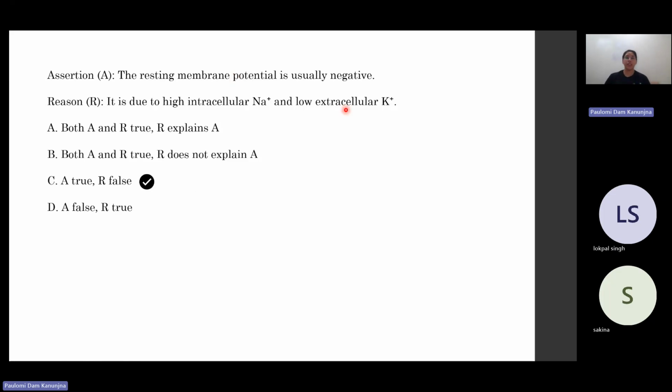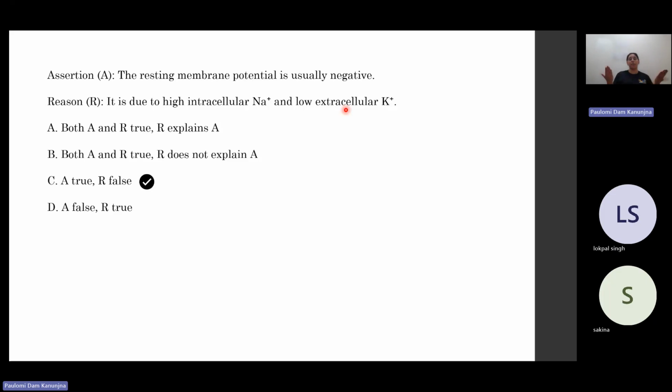Why? Simple. If you want to understand, just remember what is happening when there is depolarization. Depolarization is basically diffusion. Your ions are diffusing. When the channel opens, sodium moves inside, because diffusion is from high concentration to low concentration. So if sodium ions are moving inside during depolarization, it means sodium is much higher outside, and that's why it is coming inside.